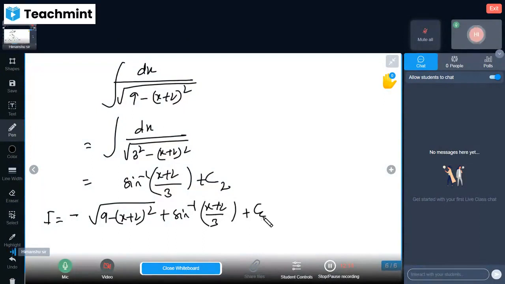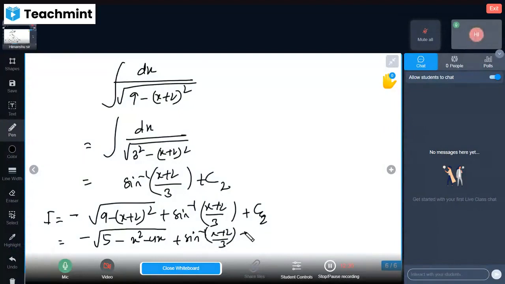We can write it in its original form: minus root of 5 minus x square minus 4x plus sine inverse of (x plus 2) upon 3 plus C1 and C2, which give us another constant C, where C is C1 plus C2. Understood? These are beautiful questions, they need a little bit of attention.